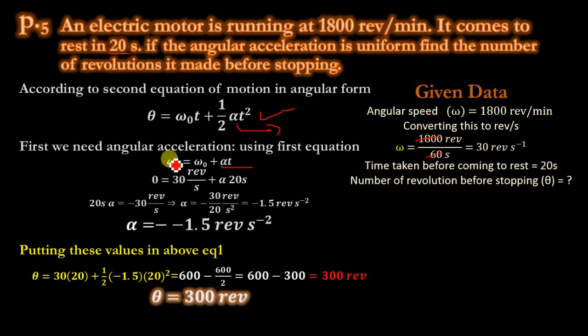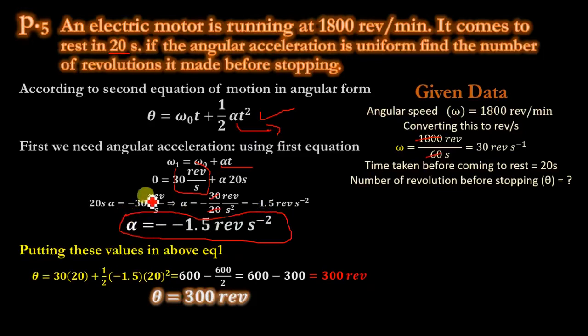So we put omega f equal to 0, where omega naught is given as 30 revolution per second, plus alpha, and t is given as 20 seconds. Shifting this term to the other side, we get 20 alpha is equal to minus 30 revolution per second. Dividing both sides by 20, we get alpha equal to minus 1.5 revolution per second square, and this is the value of angular acceleration.